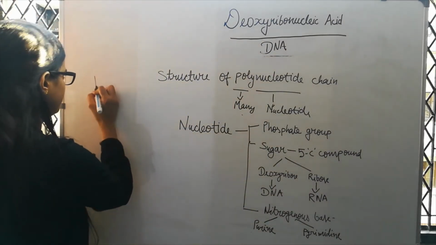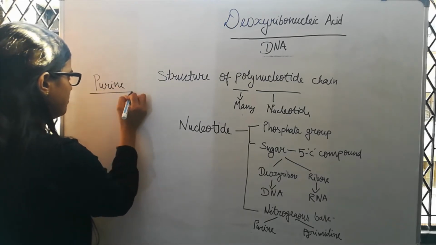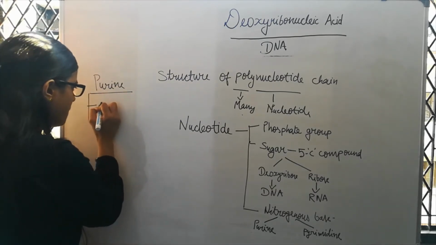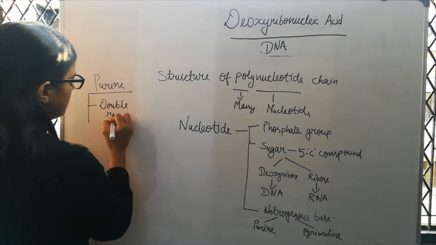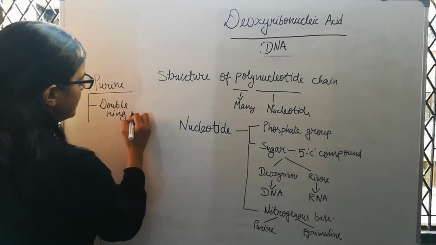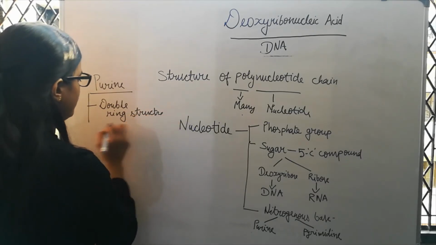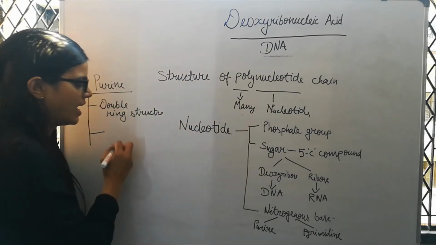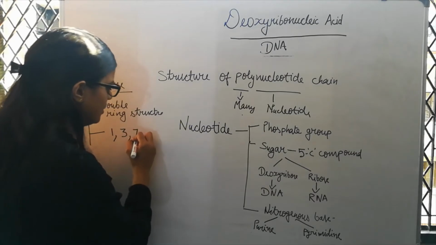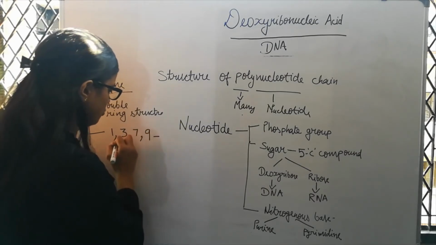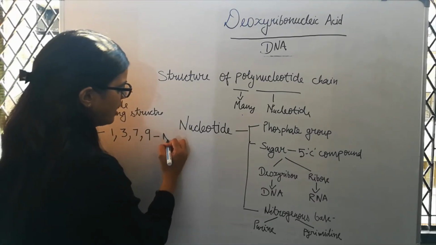Purine is a double ring structure, and nitrogen is attached at the positions 1, 3, 7 and 9.